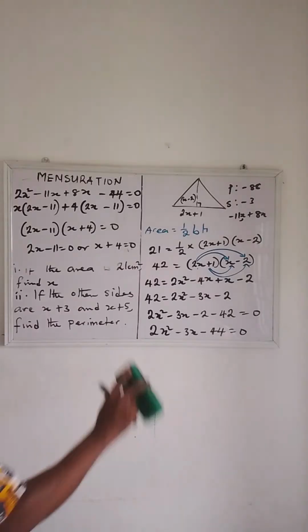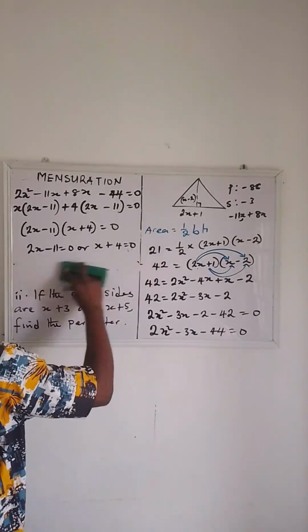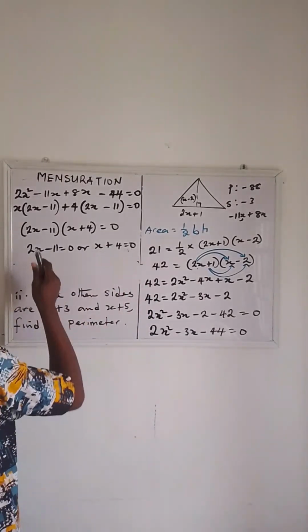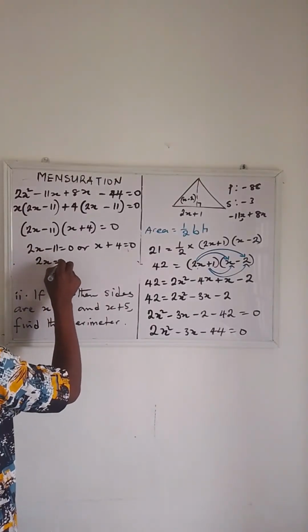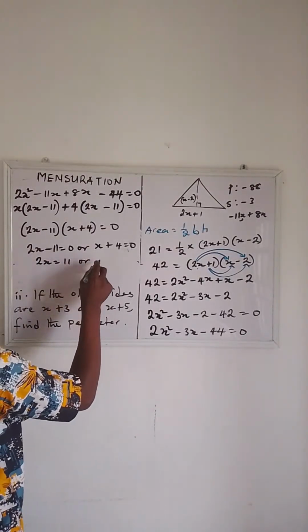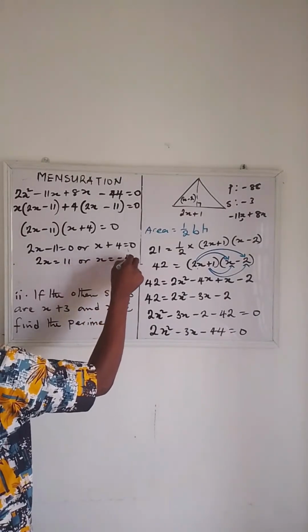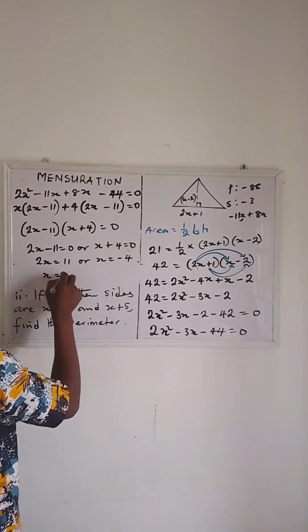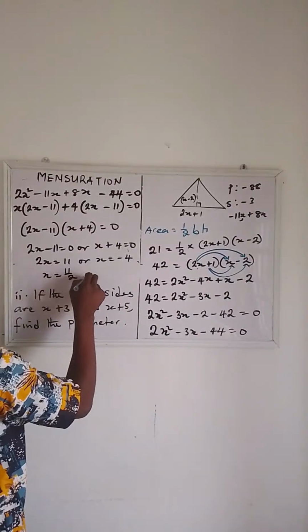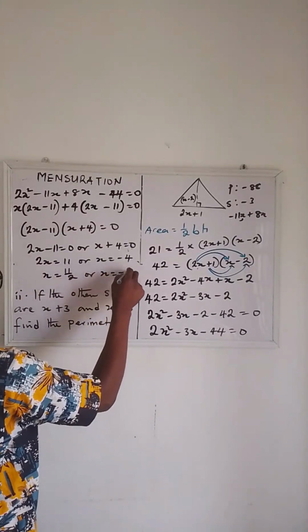And from here, now you have 2x equals 11, or x equals negative 4. So we have x equals 11 over 2, or x equals negative 4.